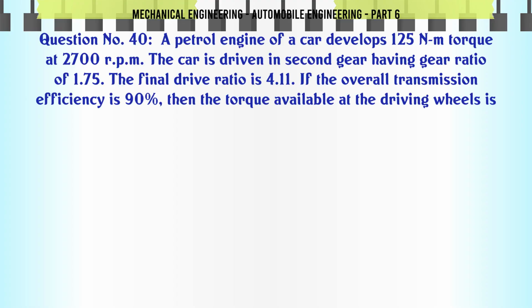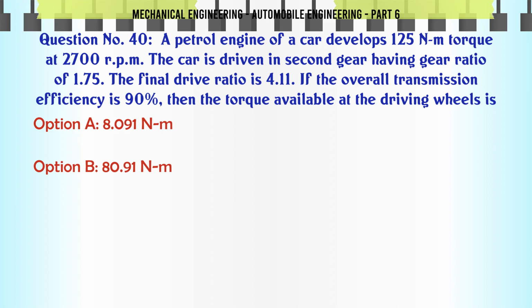A petrol engine of a car develops 125 Nm torque at 2700 rpm. The car is driven in second gear having gear ratio of 1.75. The final drive ratio is 4.11.